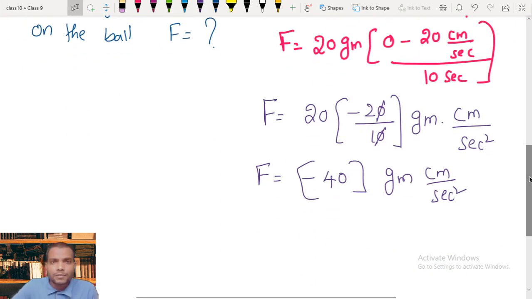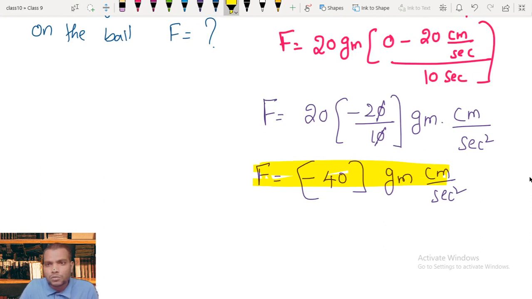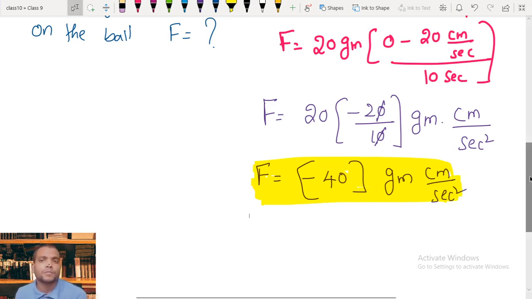But we need to express force in terms of newtons. So I am leaving a task to you. Please convert this force in terms of newtons. For that you need to convert the grams into kg and centimeters into meters.